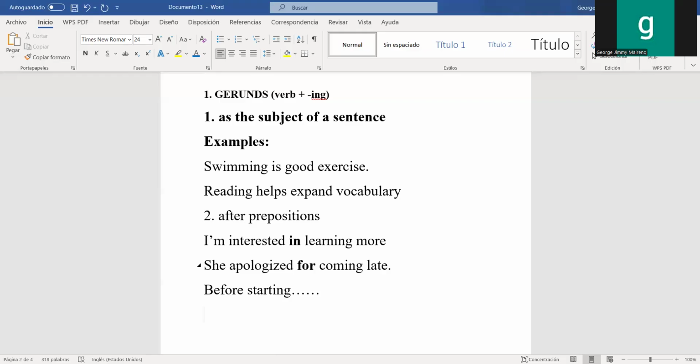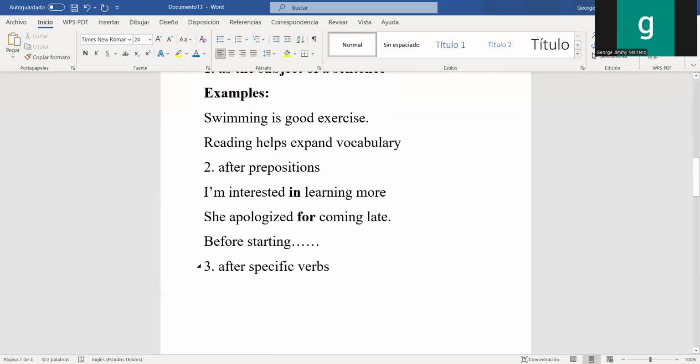Okay, good. Let's see the third usage that we got for gerunds. We can use gerunds after specific verbs. I mean, as I said in the previous sessions, folks, when we talk about gerunds and infinitives, there is a list of verbs that are followed by gerunds and infinitives.